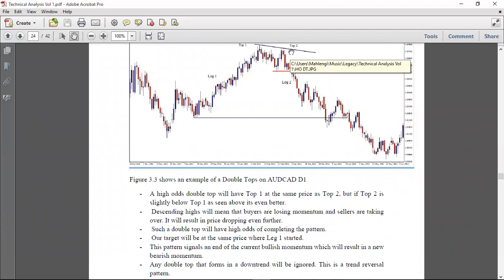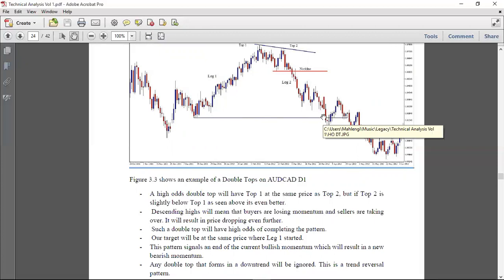Some would break the neckline and would not complete the pattern. Where do we see that the pattern has been completed? If it goes back to the value where this whole move started, then we say the pattern has been completed.